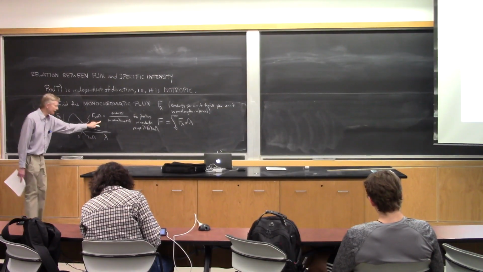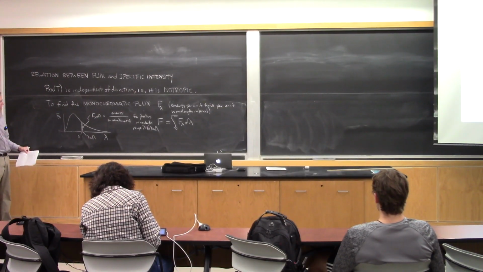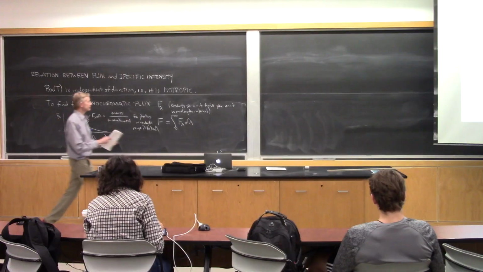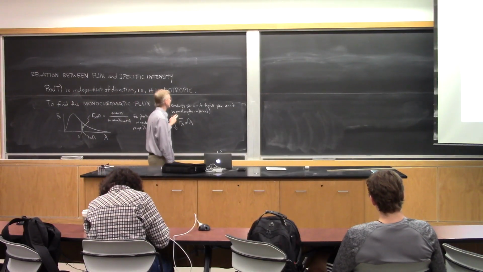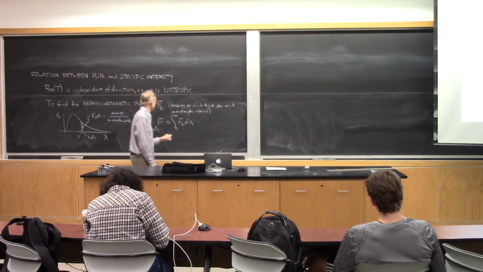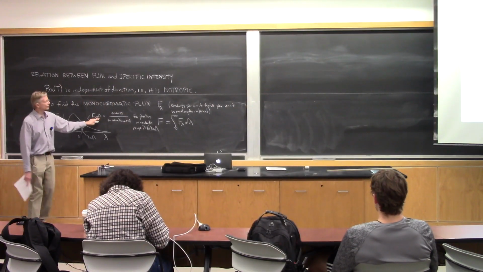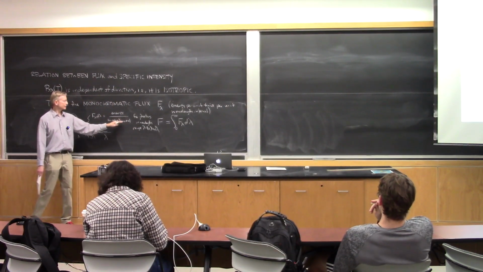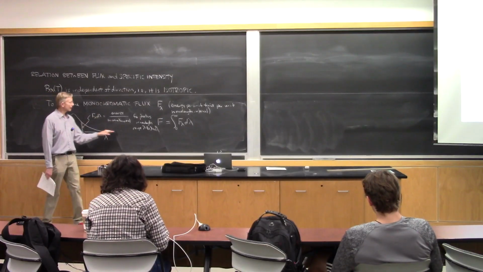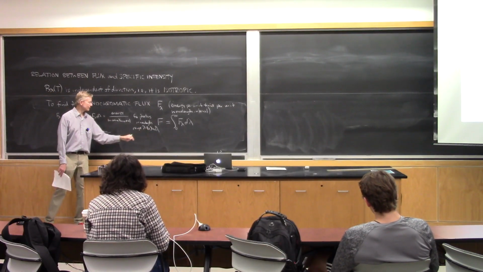F lambda d lambda is that. So F lambda itself is energy per unit area per unit time per unit wavelength interval. So if I multiply by a little wavelength interval, I get energy per unit time per unit area for photons in that little wavelength range.